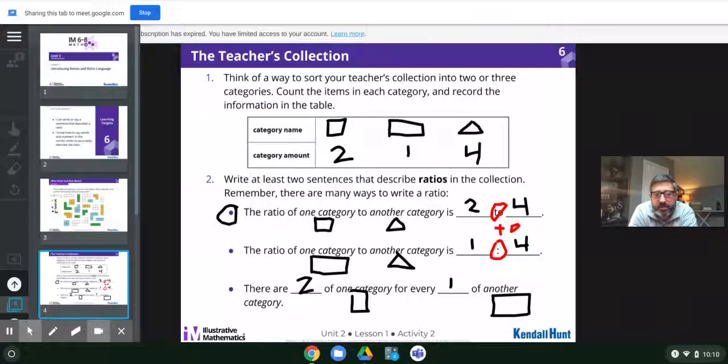How many rectangles do we have? We have 1 rectangle. So the first category is square, so we have 2 squares. The number 2 goes in the first blank. The second category is rectangles. We have 1 rectangle, so the number 1 goes in the second blank. So there are 2 squares for every 1 rectangle.